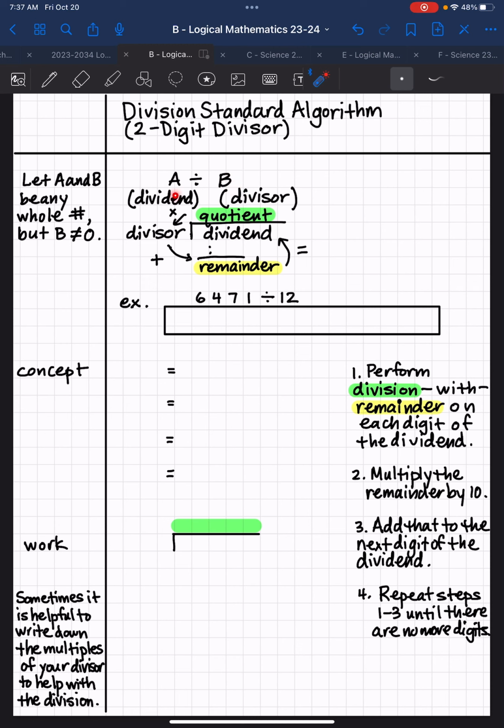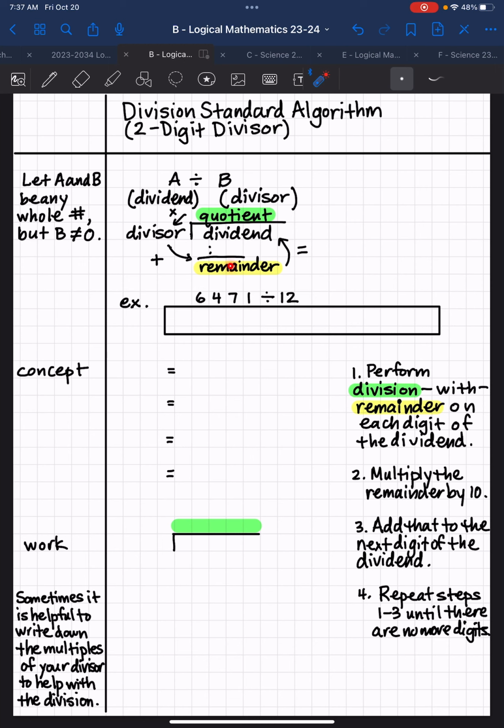When we set this problem up using a division table, we put the first number, the dividend, inside the division table, and we put the number we're dividing by, the divisor, on the outside. The answer that we get, the number that multiplies the divisor, is called the quotient, and the number that we have left over is called the remainder.